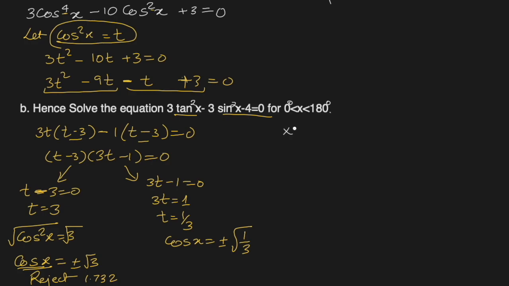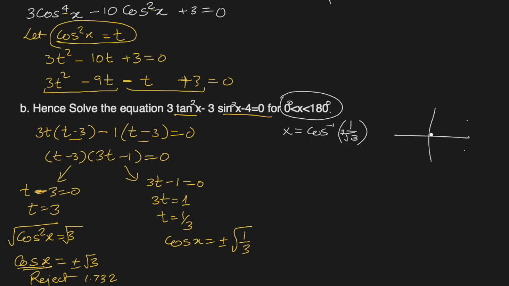So x is equal to cos inverse 1 over square root 3, plus and minus, right? This is what the x value will be here. We know that if quadrants are drawn, cos is positive here and here. But our domain given is 0 to 180 degrees.